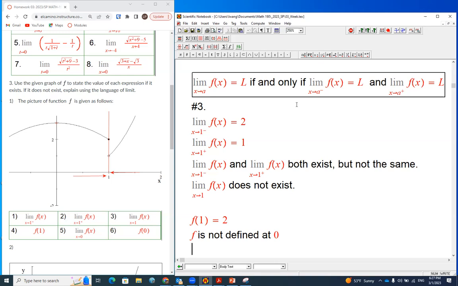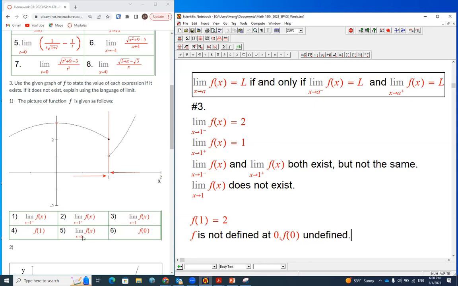Well, you can say it's undefined. Usually the first phrasing is preferred, because typically if a function is not defined at 0, we don't even use this notation. But if you have to, f of 0 is undefined.